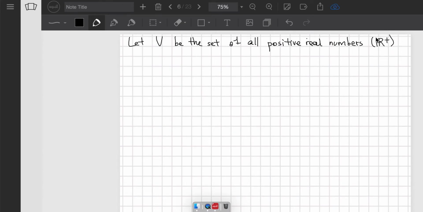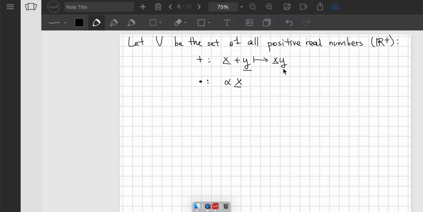And we define the addition operation as x plus y is mapped to xy. So this is really the multiplication of two real numbers, and the scalar multiplication is defined as alpha.